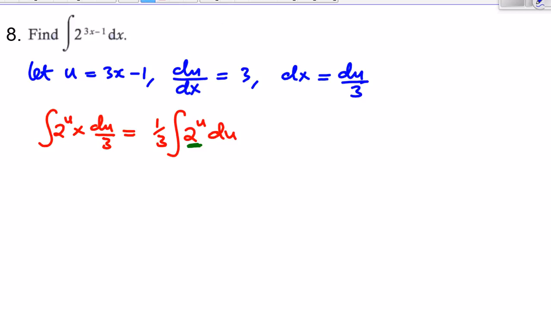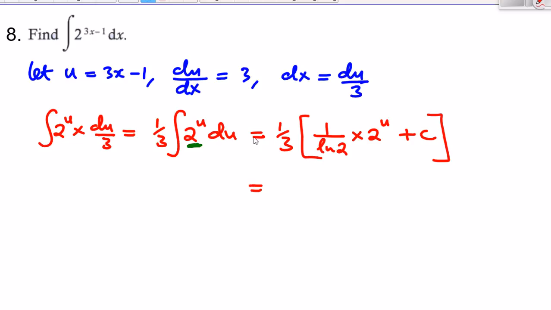So what we'll end up with is 1 over 3, and then this will be 1 over ln 2 multiplied by 2 to power u plus c, which will give us, I can just rewrite this and make a substitution.